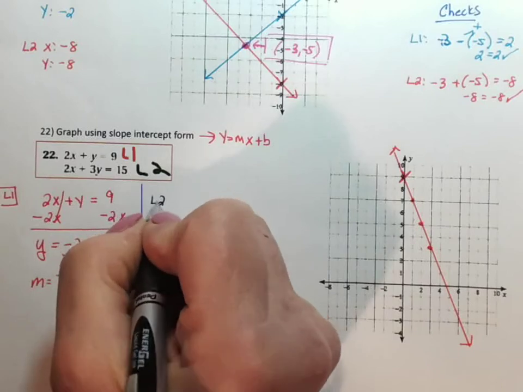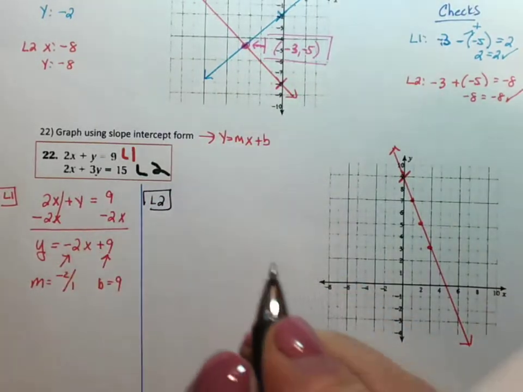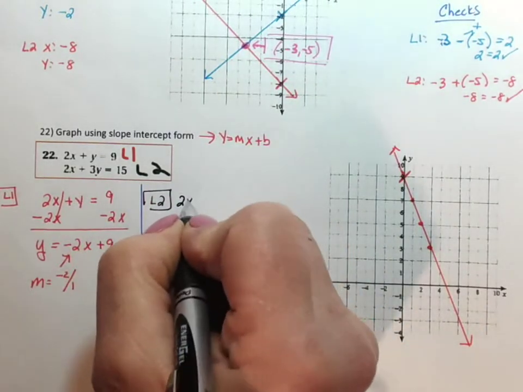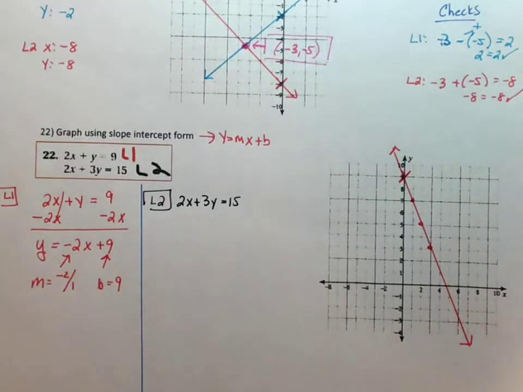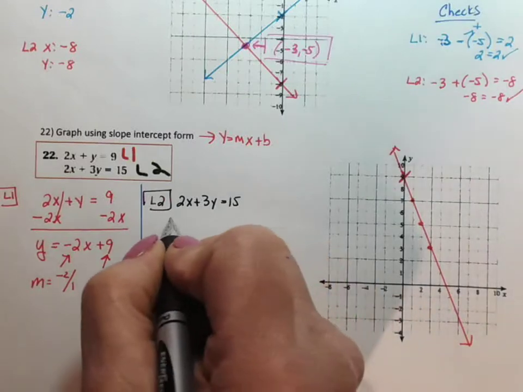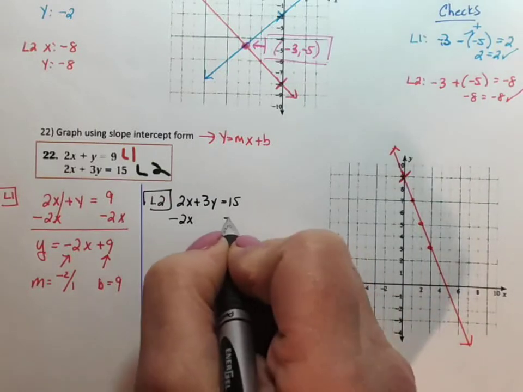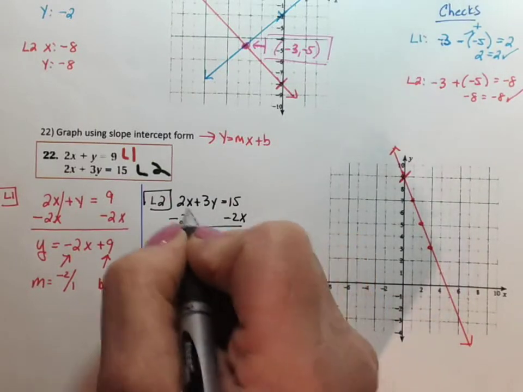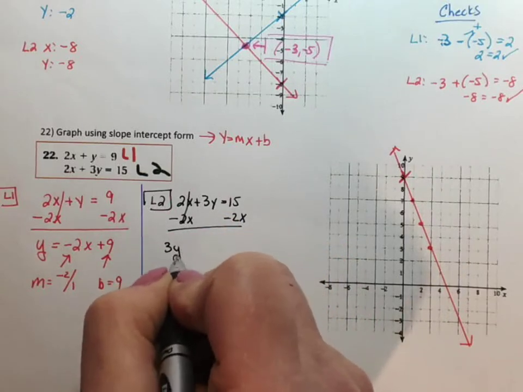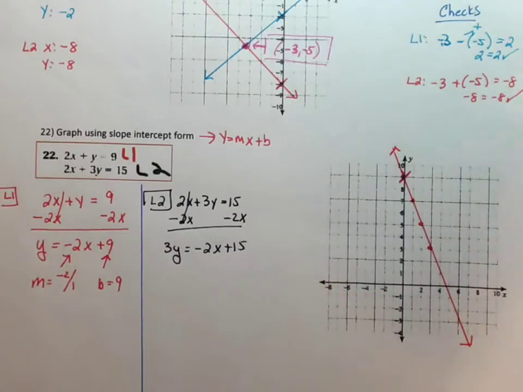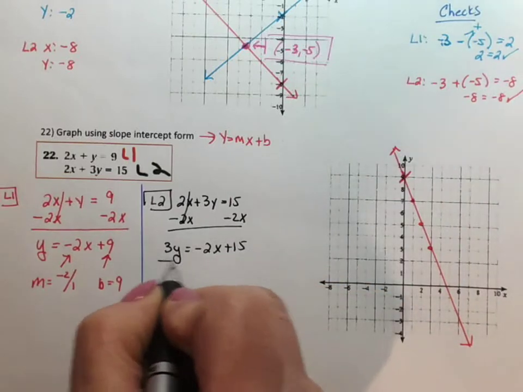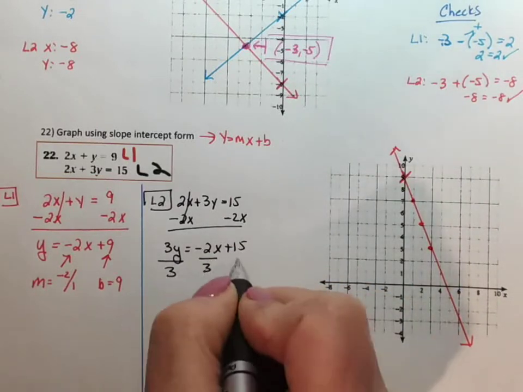Line 2 is 2x plus 3y equals 15. I subtract 2x. 3y equals -2x plus 15. Divide by 3.